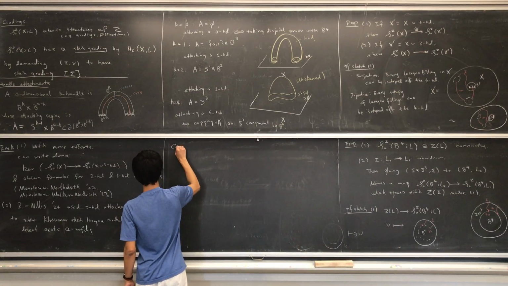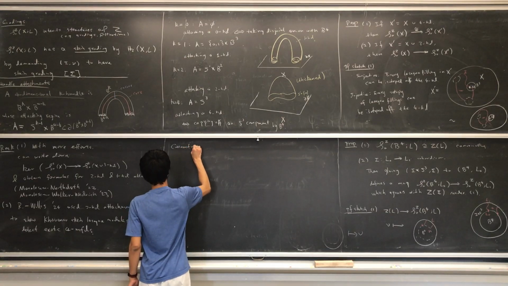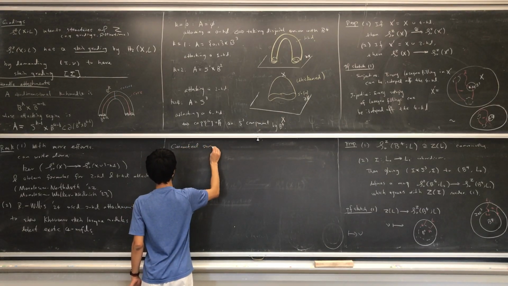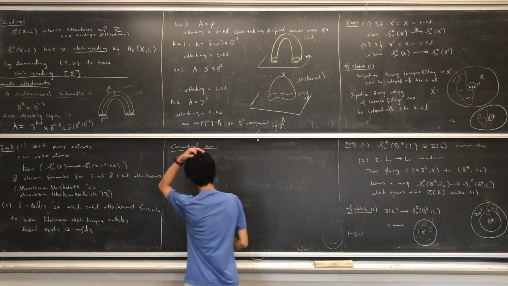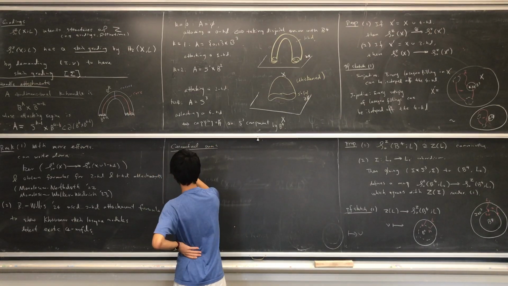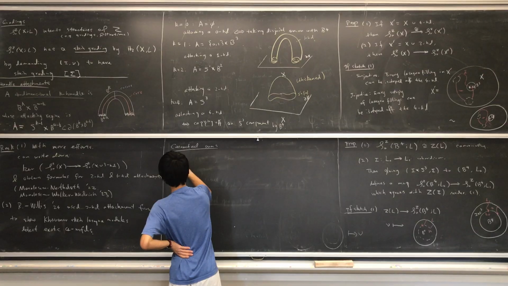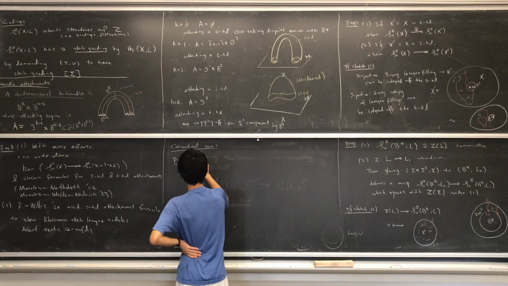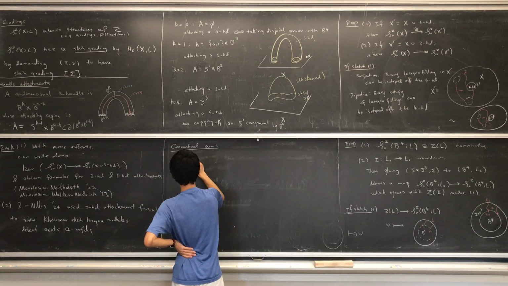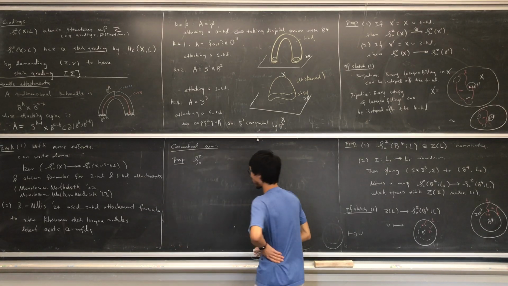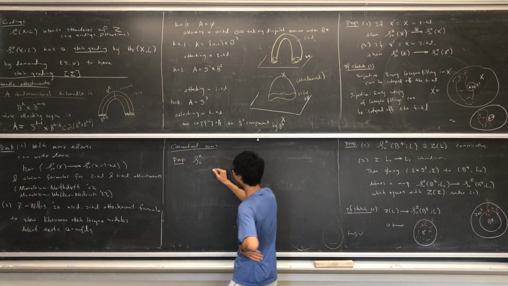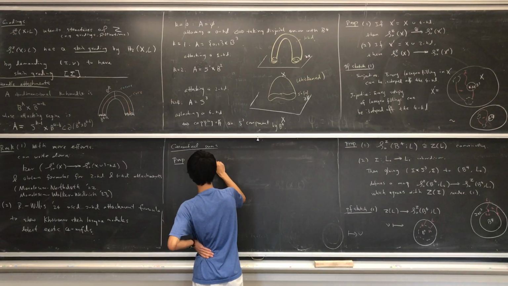My last piece of properties is about connected sums. Let me write this as another proposition. One way to create new manifolds out of old ones is to take connected sums.